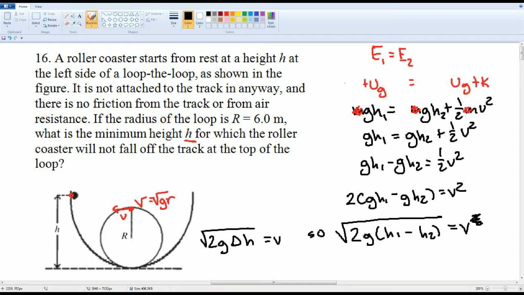Square root. Just plug in the values now. What is the height? So height here is 6 meters. So the height here, h2 is equal to 12.